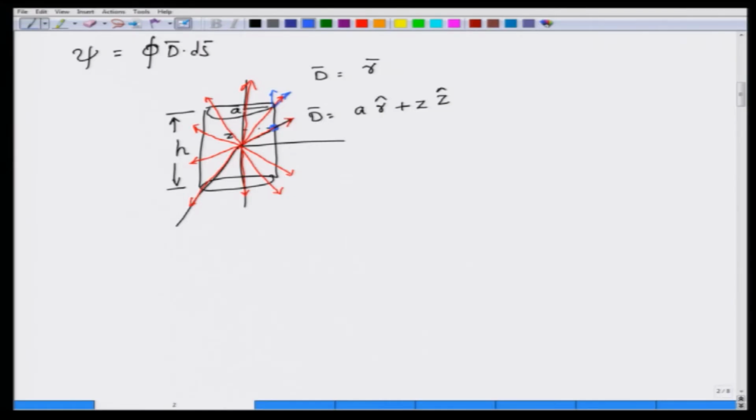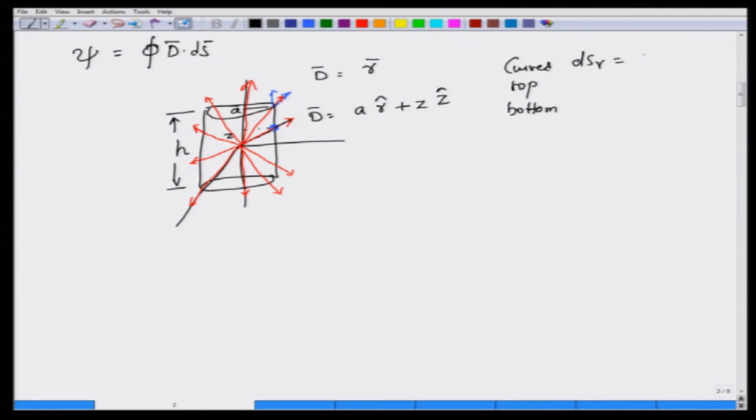At the top surface, this particular line will always be along the z axis, and this line will be along minus z axis. So, to evaluate this integral of D dot ds over the closed cylindrical surface that I am considering, I need to first express the electric field at the surface. Now, this cylindrical surface has three surfaces in itself: a curved surface, a top surface, and a bottom surface. On the curved surface, the surface element ds is directed along the radial direction.